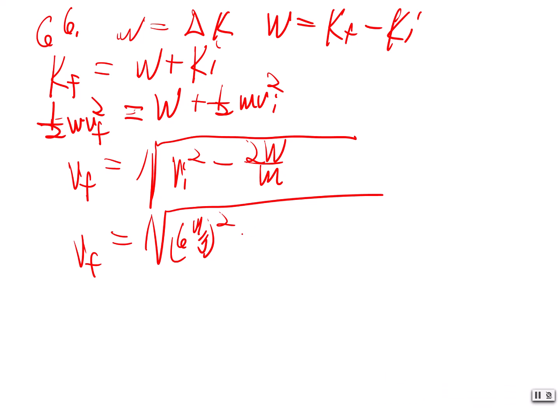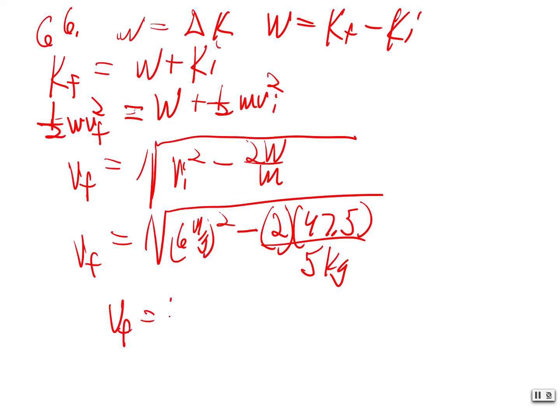So it's minus, and we've got 2 times 47.5 divided by 5 kilograms, and that's all under the radical. Now where'd that negative go? It's right here. Actually, this should have been negative because I got a negative answer for the work. Okay? And you should get 4.12.